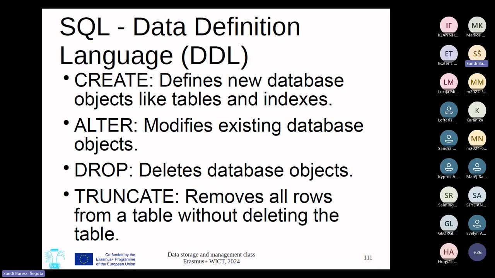Truncate is not much better than dropping the database. It removes all the information from a table while keeping the table. This is somewhat better because it doesn't necessarily drop the table.